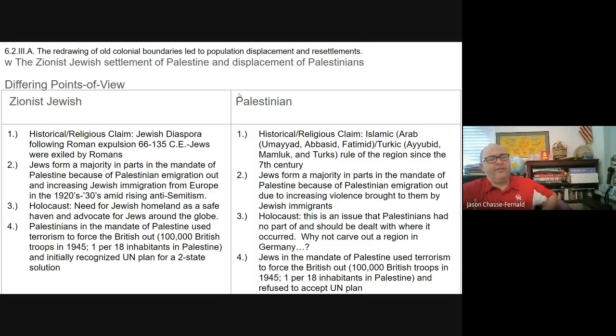A third category of analysis you often hear has to do with the Holocaust and a voice for Jews. So often you'll hear the need for a Jewish homeland as a safe haven and advocate for Jews around the globe.